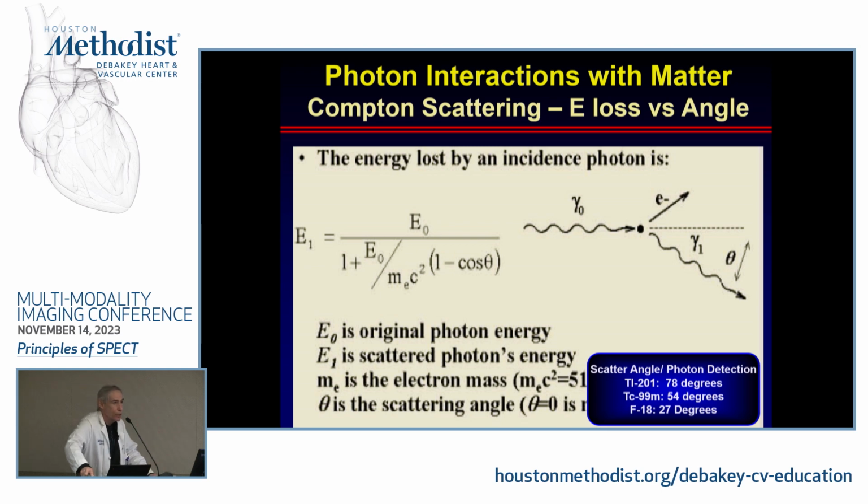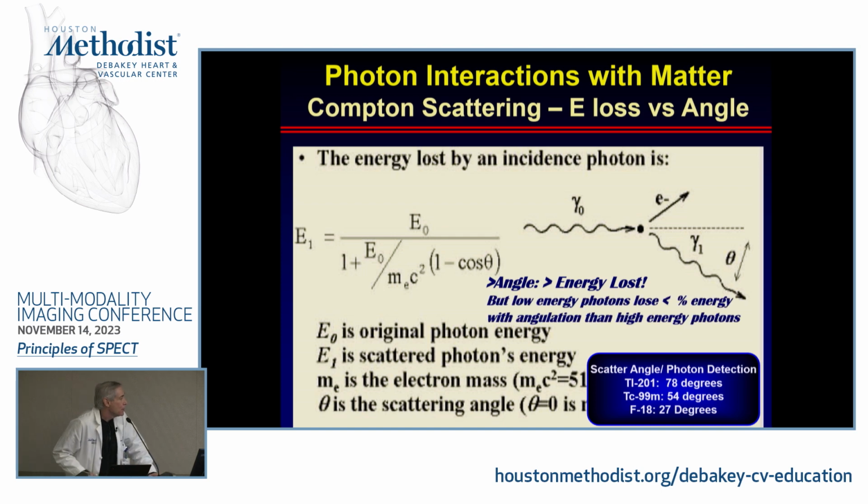Low keV photons have higher degrees of Compton scattering. And the interesting thing about Compton scattering is that the greater the degree of the angle, the greater the energy loss, but it's also specific to the type of energy that you're dealing with originally. So low energy photons, for any degree of angulation, lose less energy than high energy photons, okay?